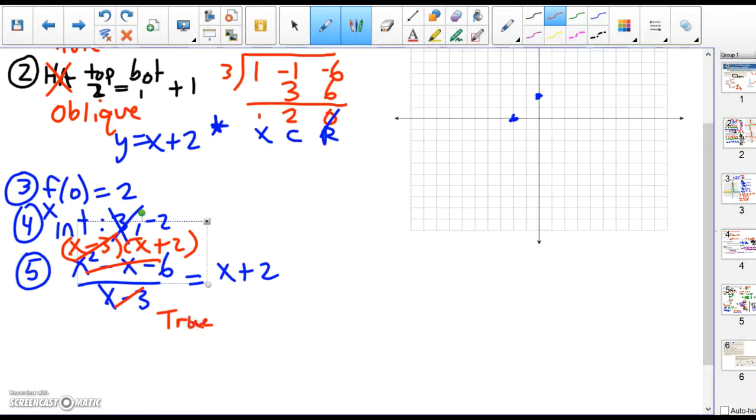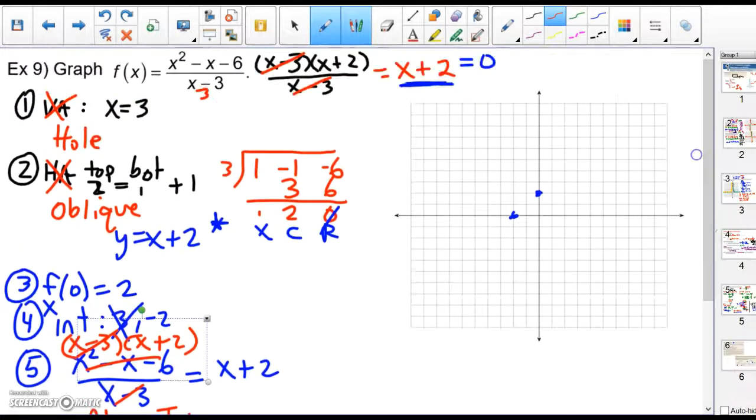And so what that means is your function crosses the oblique asymptote everywhere. And that makes sense because the graph of x plus 2 is the exact same thing as the oblique asymptote. So of course it's just going to cross right there.